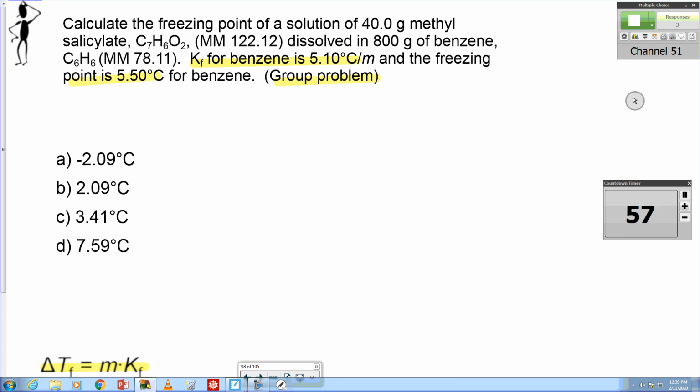If you're going to have to take a guess, can you eliminate an answer? Is there one answer that can't be? Okay. Well, think about that. How'd you set it up? I thought you said delta T was solvent minus solution.